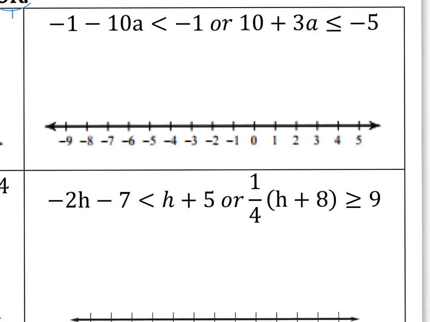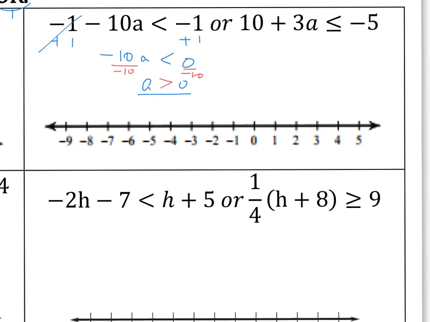Okay, let's try another practice question. Plus 1, plus 1. Cancel that out. Negative 10a less than 0. Dividing it by a negative number, don't forget to reverse the inequality sign. So a will be greater than 0.